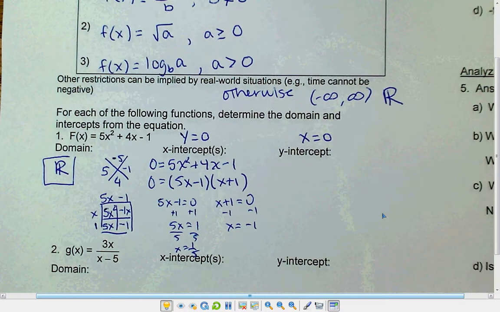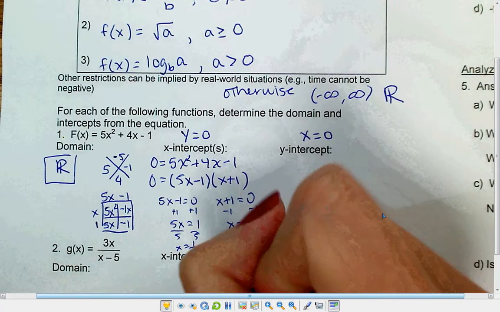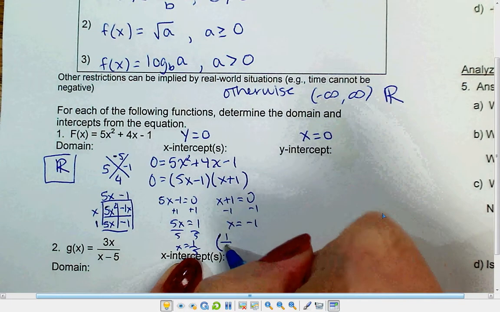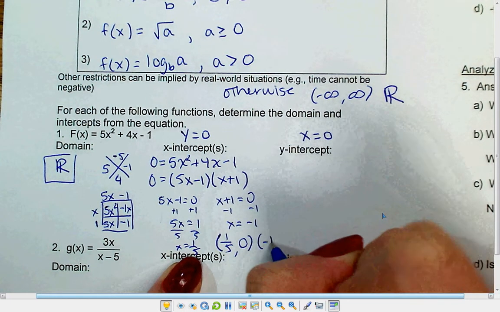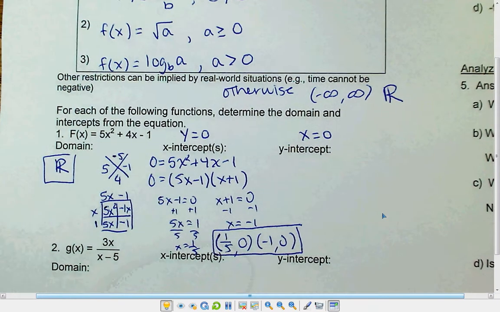So we have two answers here for our x-intercept. We have 1/5 and -1, so we're going to write this as a point. Your x value is 1/5, your y value is 0, x value is -1, y value is 0. So those two are my x-intercepts.